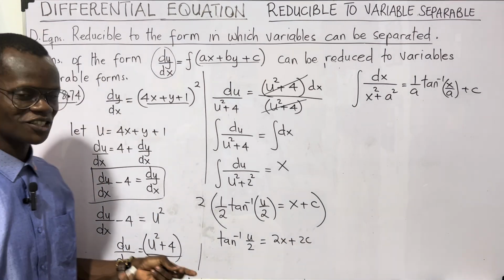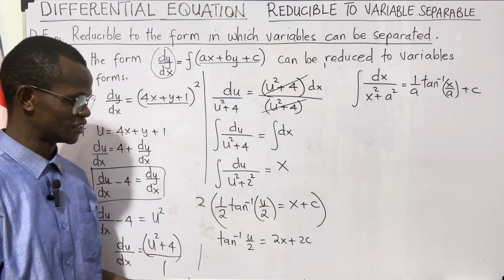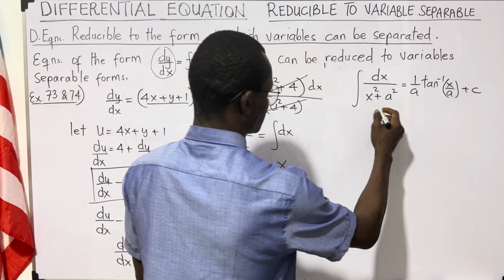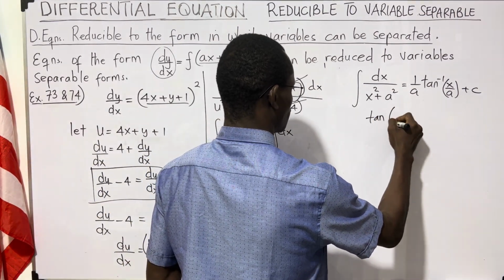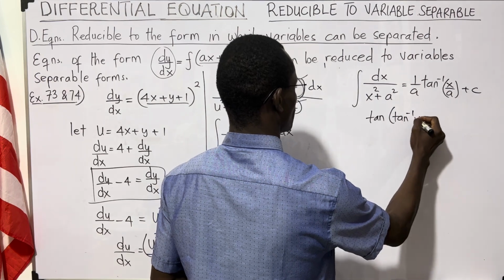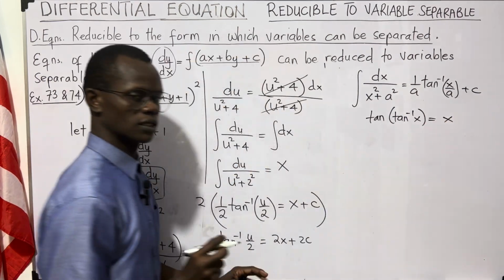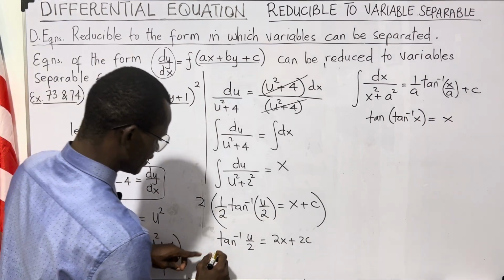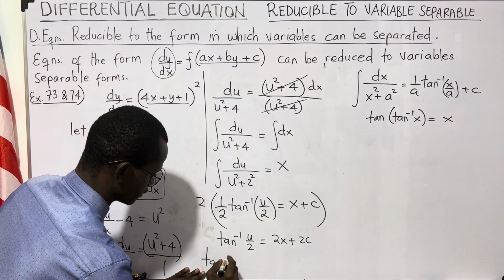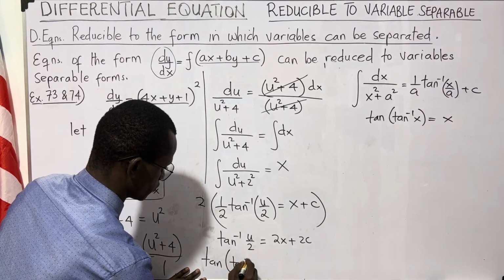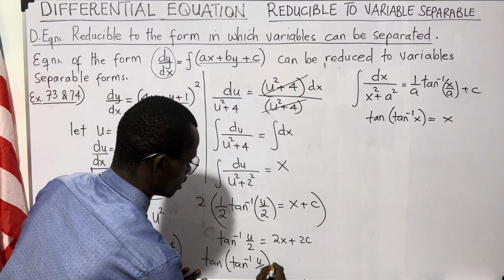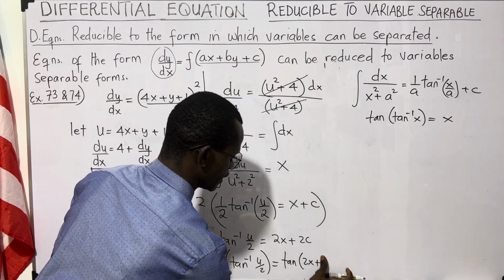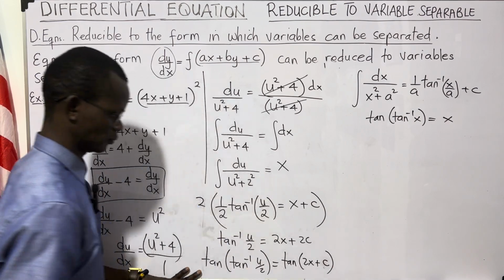And again, it's just going to be represented by some c, right? Because it's still a constant. Now, we also know that tangent inverse of tangent of x is just equals to x. Composition of functions. So if we take tangent on both sides, u over 2, we take tangent on both sides, 2x plus this 2c. Now we just replace it with some c, right?